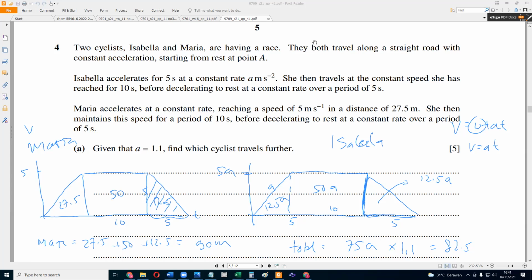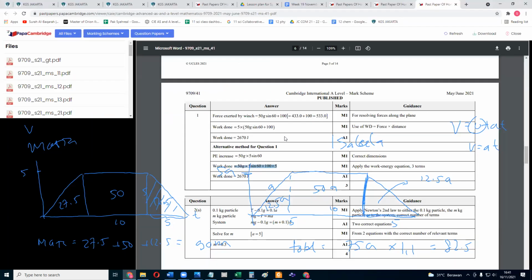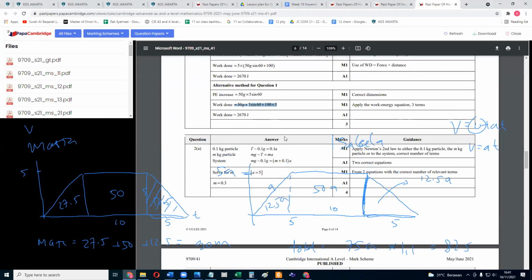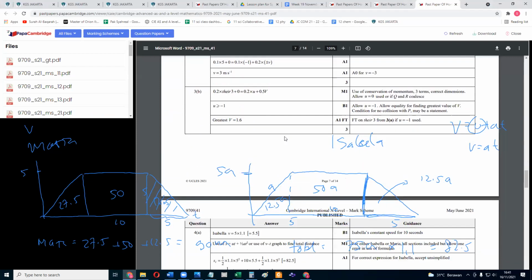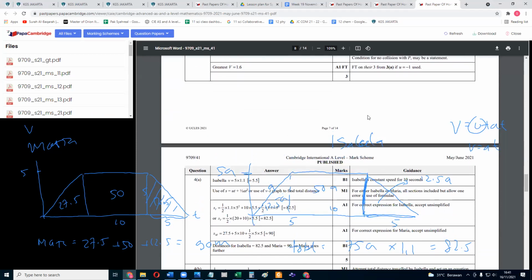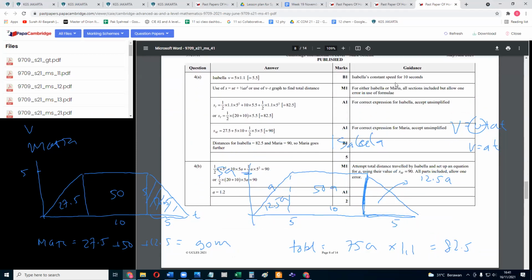So if we draw a graph, we already got points, right, sir? Yes. We sketch a graph here, and we already get a point, or two. Let's check how it says. So the constant speed for 10 seconds here.